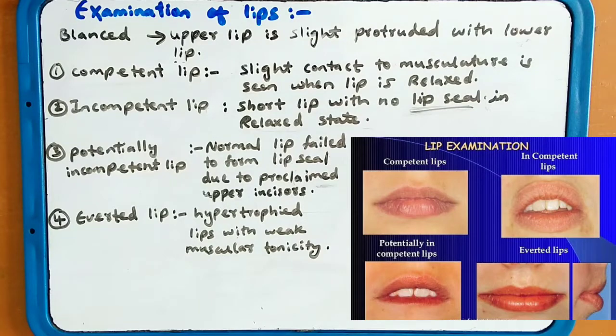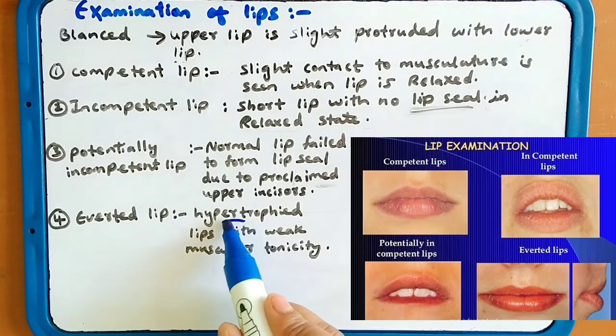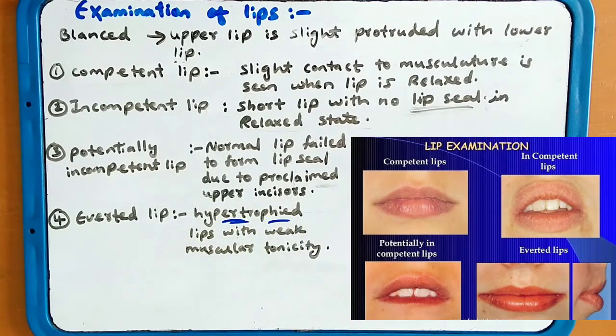Everted lip. Everted lip is a hypertrophied lip with weak musculature tonicity. Hypertrophied means that the lip is much hypertrophied. The growth of the lip is much bigger in size.